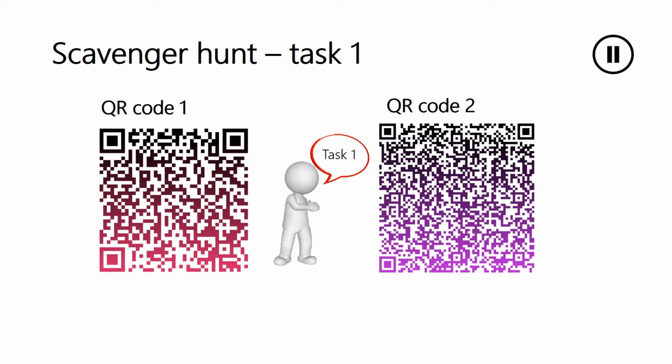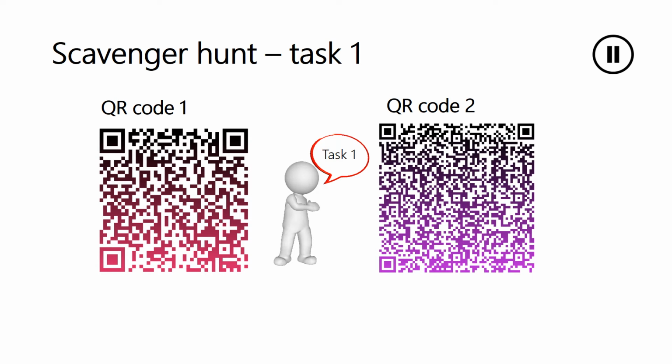Let's experience in practice what we have talked about. Let's play scavenger hunt. You will need your smartphone now. In our scavenger hunt, there are 3 tasks, and the prize is the satisfaction of completing the hunt. Just follow the numbers of our QR codes and you will be fine.